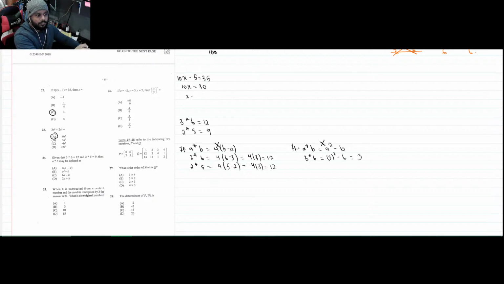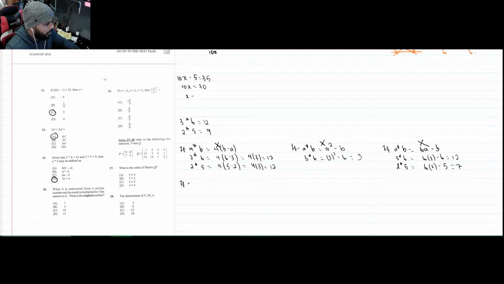If a star b, and I'm assuming it's C now, 6a take away b, then 3 star 6 will be 6 into 3 take away 6. 18 take away 6 is 12. And then 2 star 5 is equal to 6 into 2 take away 5. 6 twos are 12, 12 minus 5 is 7. So again, 2 star 5 is supposed to be 9. So the answer can only be D. And we can also check it over and see.